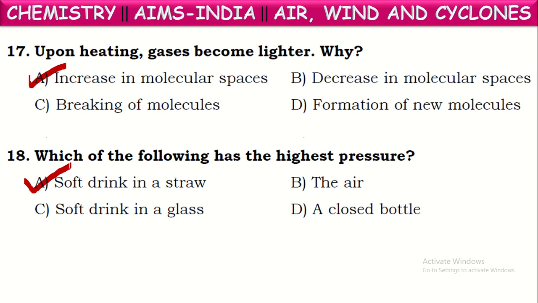Inside the straw, first it creates very low pressure, and the air outside the straw, around it on the surface of the soft drink, pushes the soft drink with high pressure to enter inside this straw, and hence it creates high pressure inside the straw. That's why we say soft drink in the straw faces the highest pressure among these all.